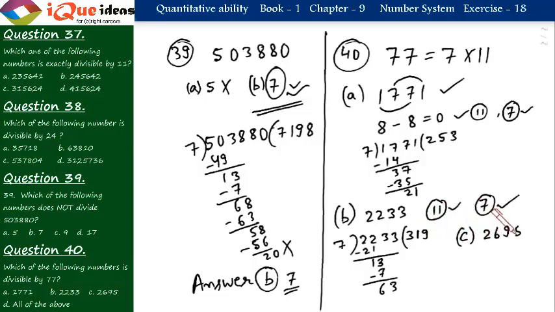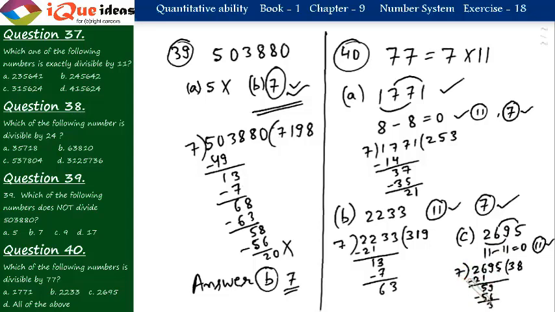Let's say 2695. Is it divisible by 11? 2 plus 9 is 11 and 6 plus 5 is 11. So 11 minus 11 is 0, so it is divisible by 11. What about 7? Let's say 2695 divided by 7. 7 3s are 21, subtract, you get 5, 59, 7 8s are 56.